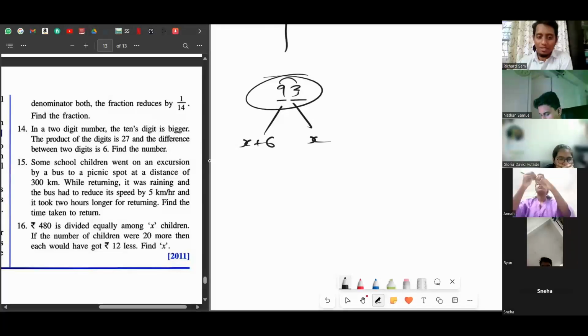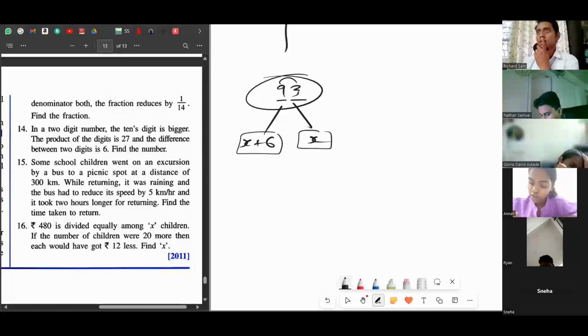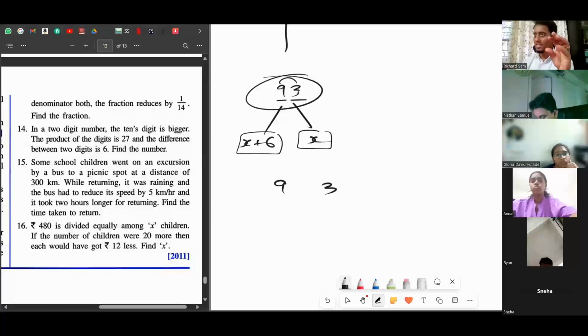Now, how do you represent this two-digit number using these two digits? How do I represent 93? Wait, let me try to put this in a certain way. If I give you the numbers 9 and 3, how can you put them together to make 93? You have two separate numbers, 9 and 3.